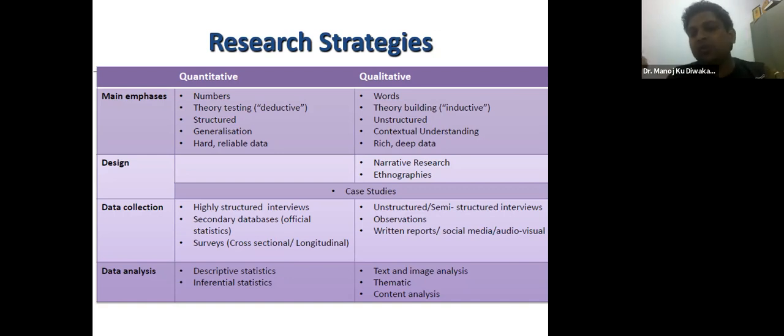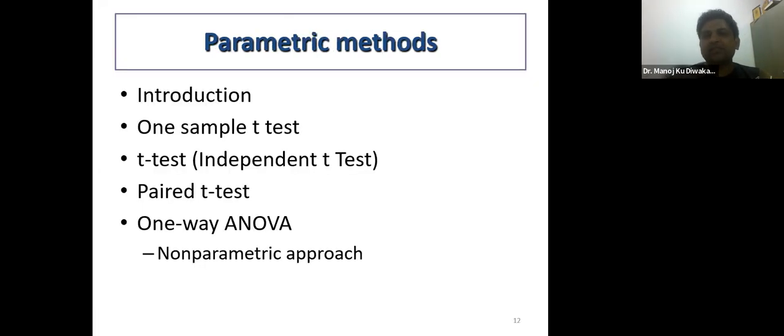In qualitative analysis, you can go for text and image analysis, thematic analysis, and content analysis. This is the structure through which you can understand categorical and quantitative data analysis. We will come to the main task we have to do in these presentations.